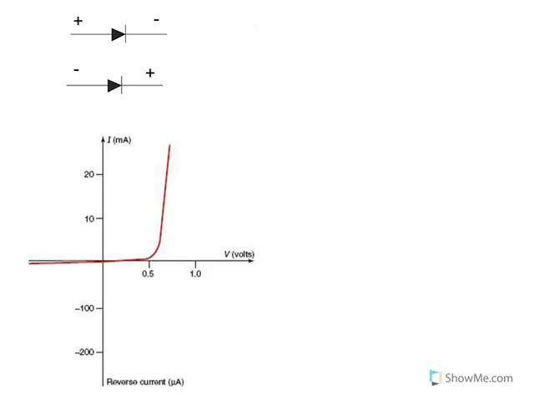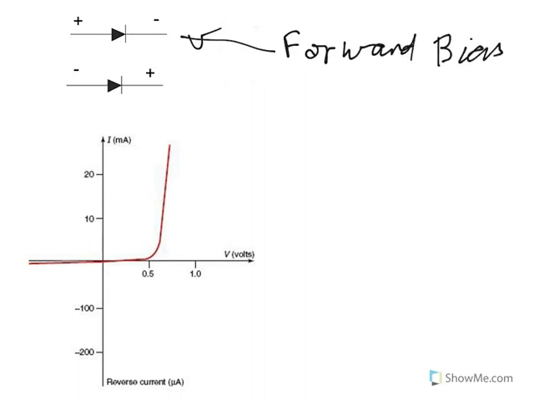Here's a bit of a diagram. At the top there, we've just got a couple of resistances. This one here is what we would call forward bias. Conventional current, positive to negative, is in the right direction, the way the arrow points, so this acts as very low resistance, effectively very close to zero.